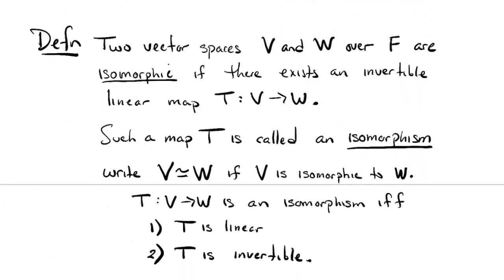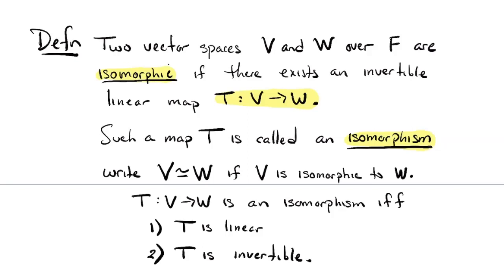So here's the main definition. We're going to say that two vector spaces V and W are isomorphic if there's a linear map between them that's invertible. And we'll call such a map an isomorphism. So really, isomorphism is just a synonym for invertible linear map.